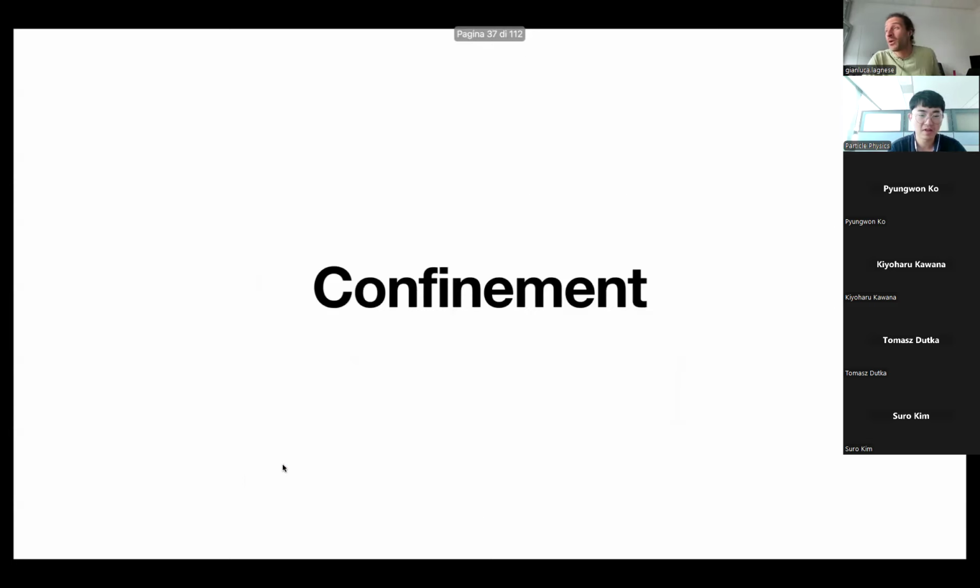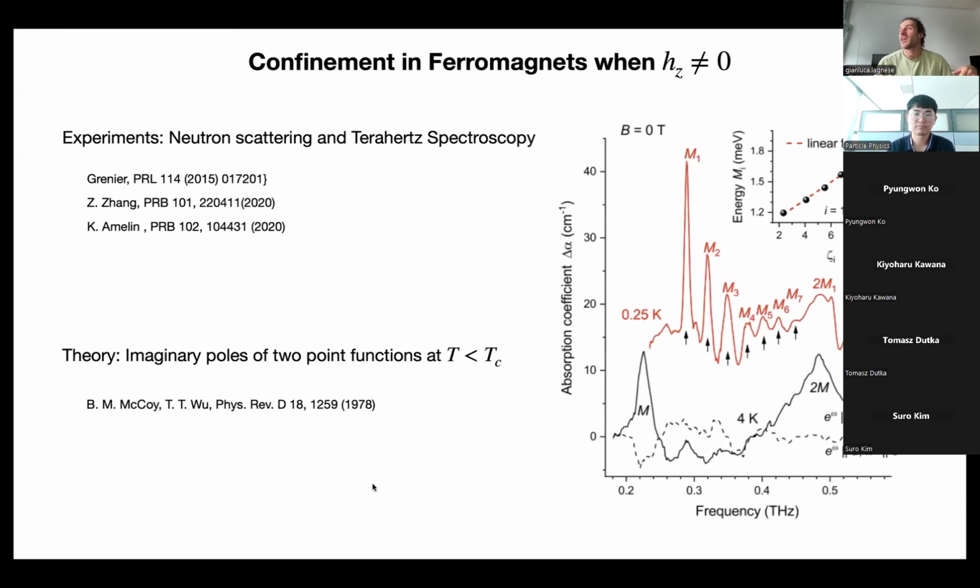Okay, so now we can start with the first topic, which is confinement. I know you're probably more interested in the second part, but this is good to introduce some concepts. Generically, people observed that in certain ferromagnetic materials, when you introduce some external field, by doing neutron scattering experiments or Terahertz spectroscopy, they observed discrete peaks appearing in the spectrum.